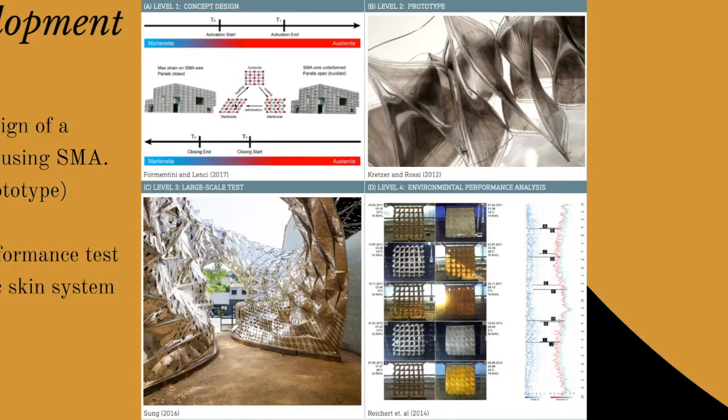And you know the mechanism behind. So if you utilize the martensitic transformation and you know the necessary property and behavior, then the next stage is to make a prototype, then make a large scale one, and then do the environment analysis.